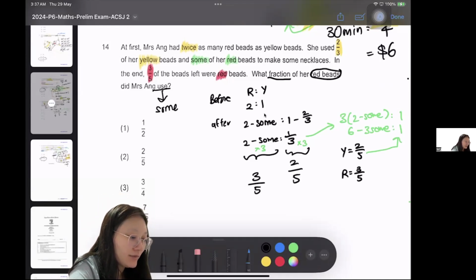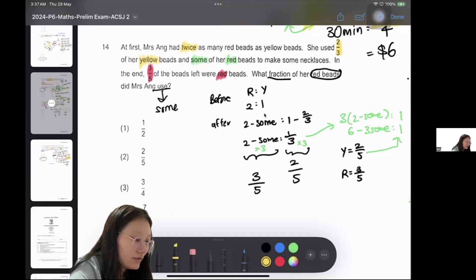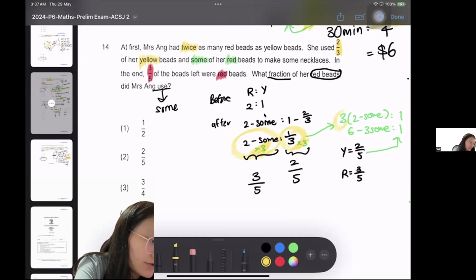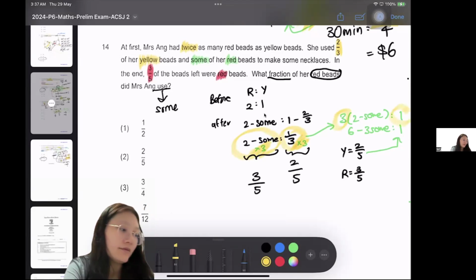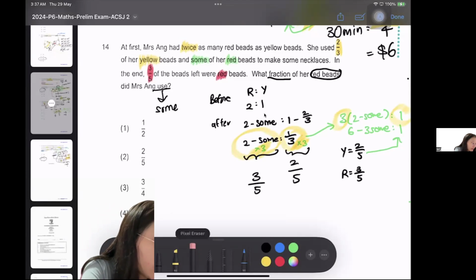We make sure to multiply the 3. Let me show you. As you can see, we multiplied 3 here to both sides. We add a 3 here, and then the 1/3 over here, times 3 becomes a 1. So basically we times 3, then after that we open up the bracket.